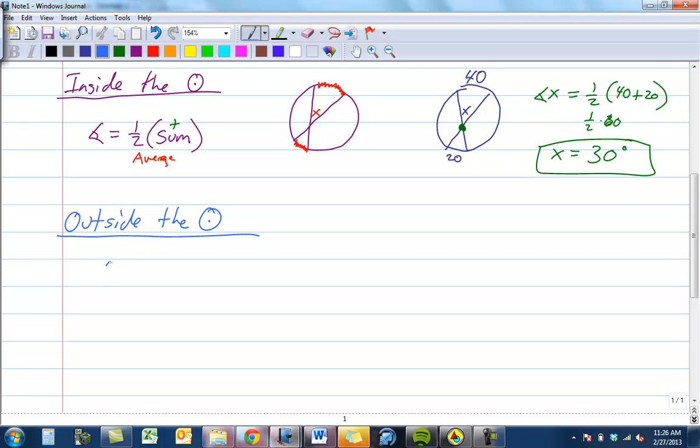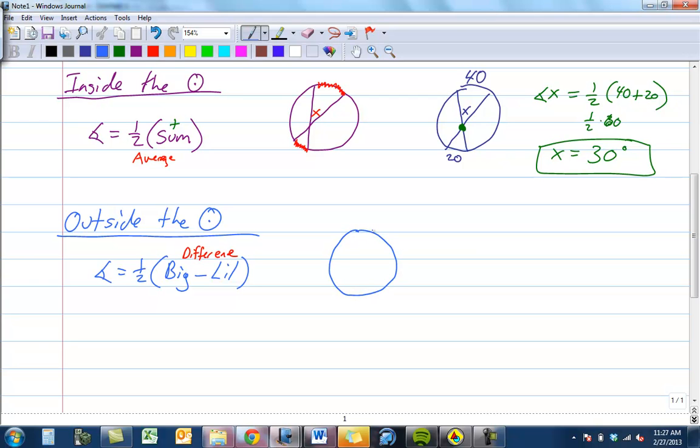And if that's the case, the angle equals 1/2 the big arc minus the little arc. In other words, it's going to be 1/2 the difference. 1/2 the difference. So a couple ways that this could look. Let's do an example.